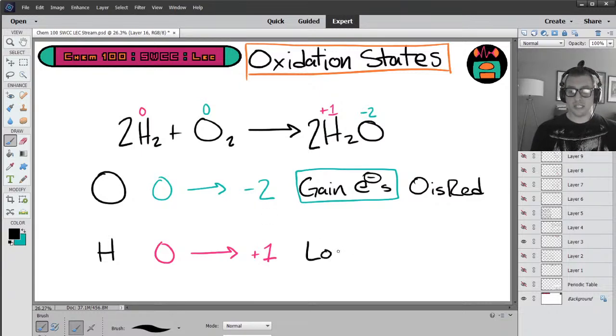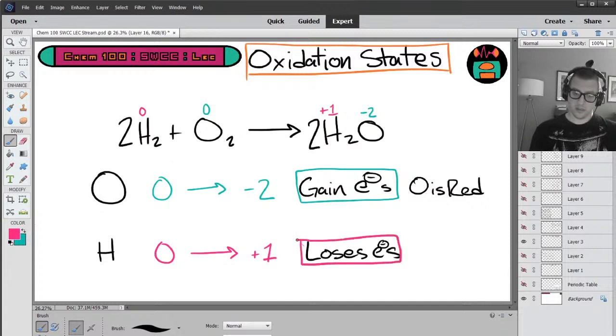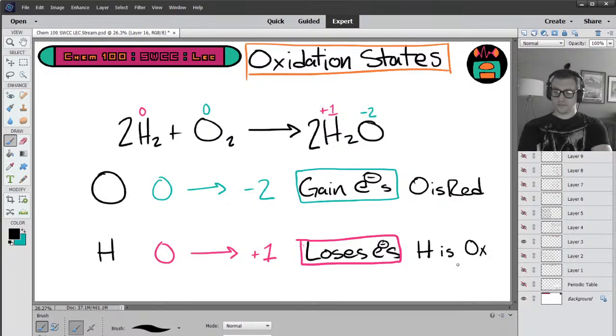So hydrogen has lost electrons, which means that hydrogen is oxidized. All right? So hydrogen is oxidized, oxygen is reduced, and that is the exchange of electrons that we did not see in this reaction by just looking at reactants and products.